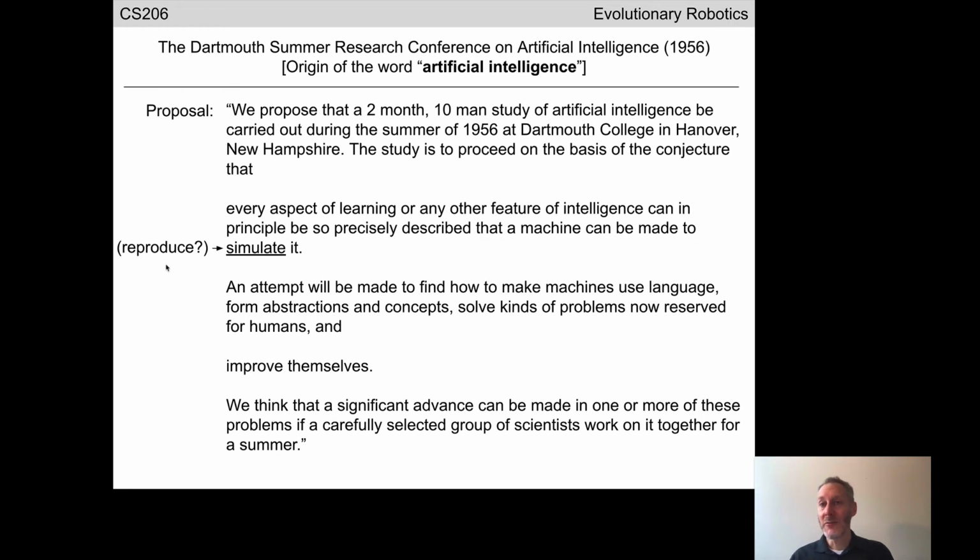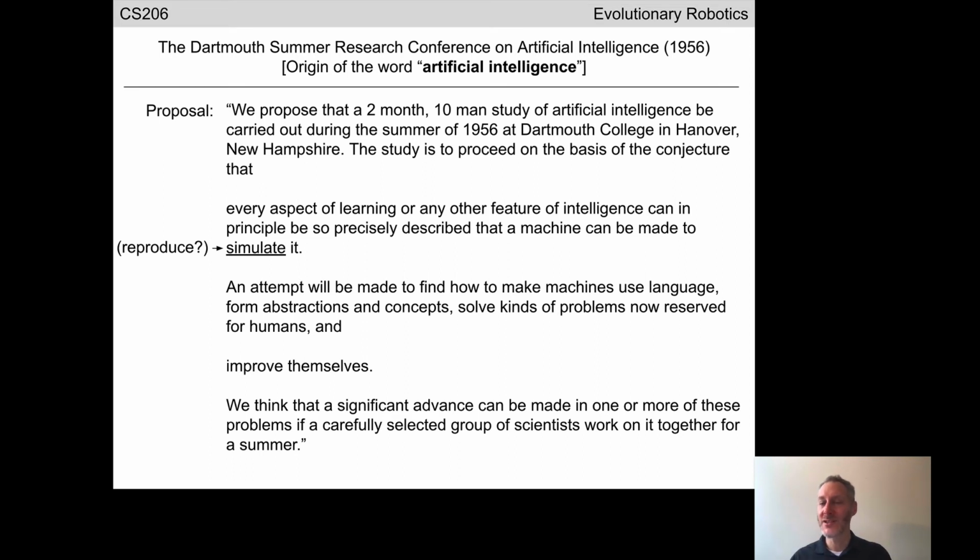You can ask the philosophical question that if you can create a machine that simulates thinking or speaking or reasoning, is it actually simulating that process, or is it actually reproducing it? Is the computer code simulating intelligence, or is that computer code intelligence itself? We'll come back to that idea in a moment.